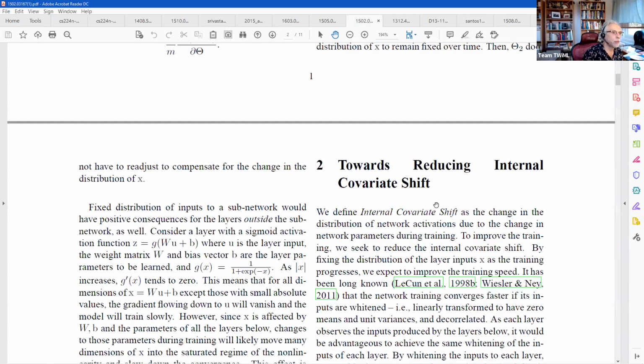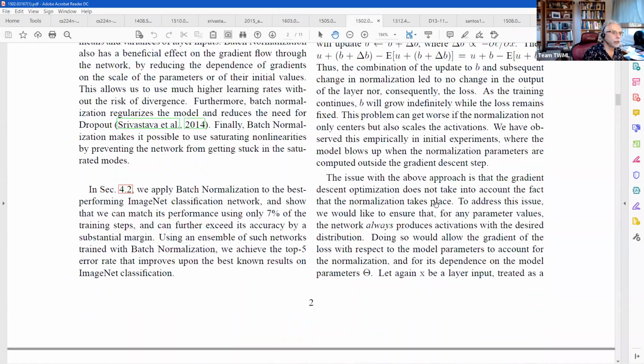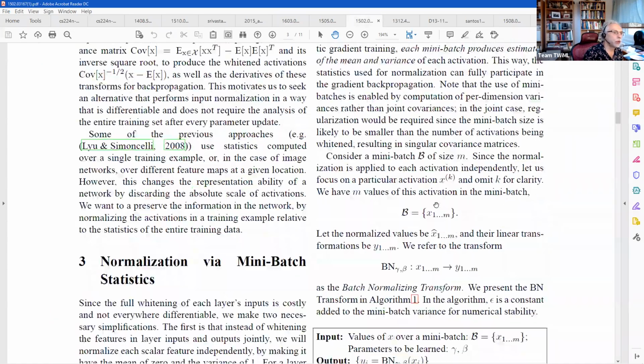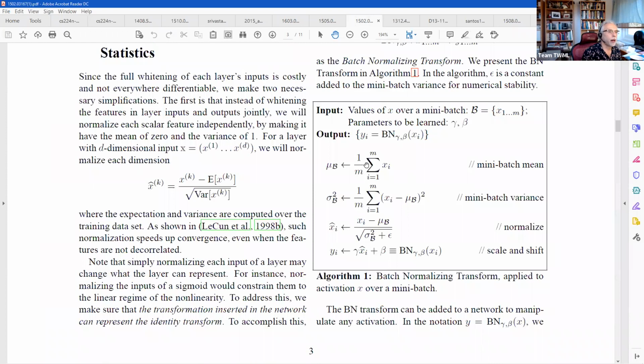Batch normalization, basically, this is probably what you've seen before. You go through the algorithm. You take the mean and the standard deviation for each mini batch. You normalize it, as we've seen, by subtracting the mean and dividing by the standard deviation for that batch.